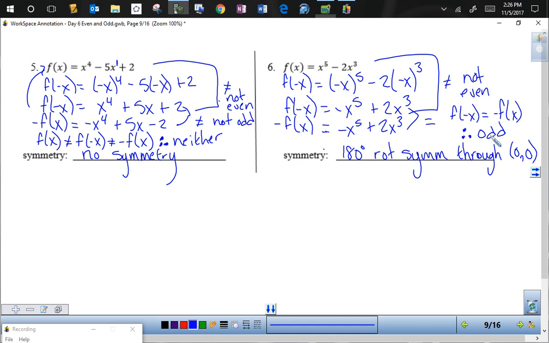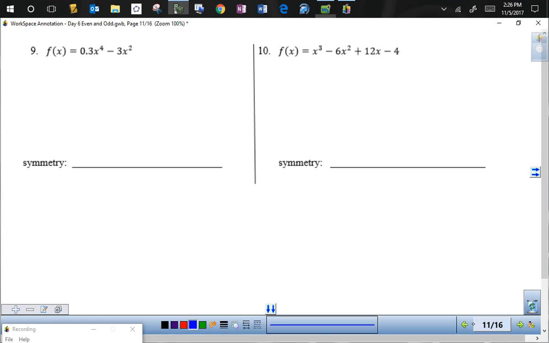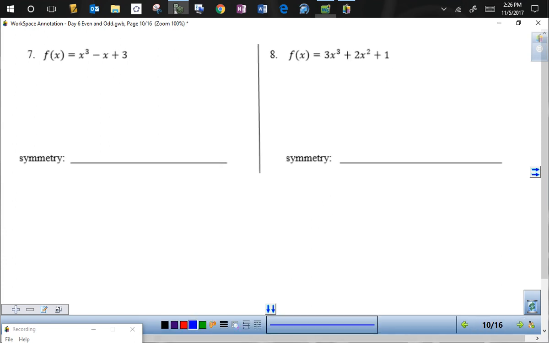So we should be able to determine on these last four without doing the math whether they should end up being even, odd, or neither. Now, these are proofs, so of course we have to go through the steps, but recognizing those exponent powers will help us know we're doing our math correctly. Looking through here on 7 and 8, 7 here I've got a 3, a 1, and really this is a 0.